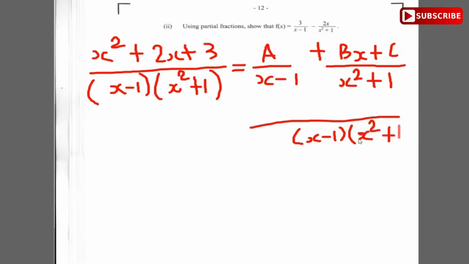And so this into this leaves x squared plus 1. So it's going to be a times x squared plus 1, which is ax squared plus a. And then this into this leaves x minus 1. So it's going to be bx plus c times x minus 1.